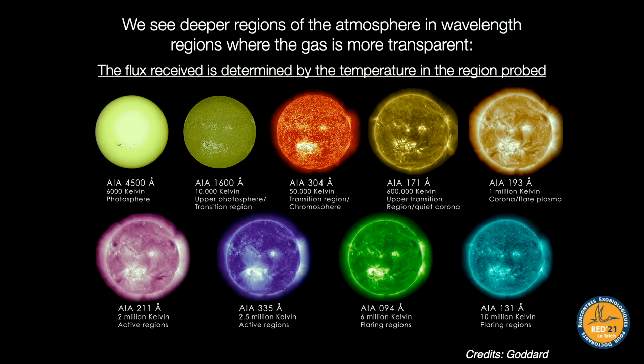That's why, if you look at the Sun here, there is a small schematic showing you what the Sun looks like at different wavelengths, from visible in the upper left to far ultraviolet in the lower right.